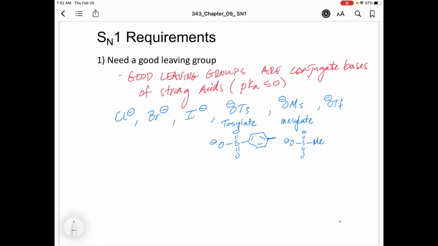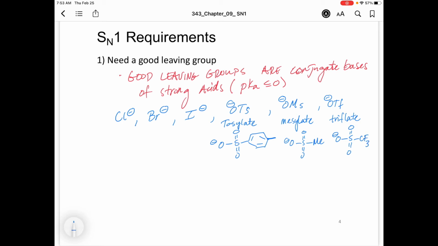So this OTf is called a triflate. Now it sounds like I'm making up words. This is a real thing. And so very similar in structure here. These look like sulfuric acid derivatives, and that's exactly what they are. And this one just has a CF3. This one's a really good leaving group.